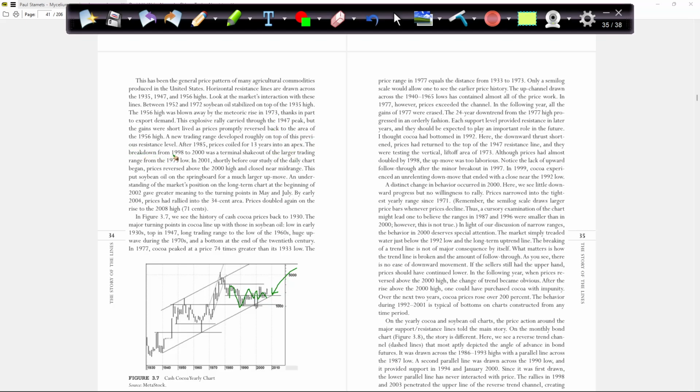The breakdown from 1998 to 2000 was a terminal shakeout of the larger trading range from the 1975 low.